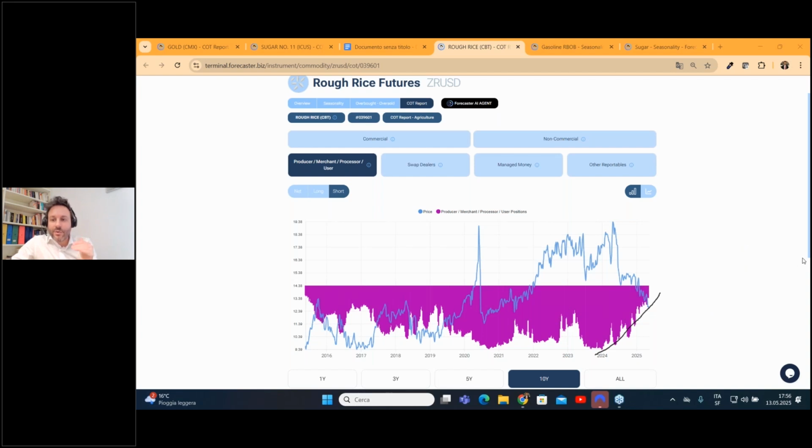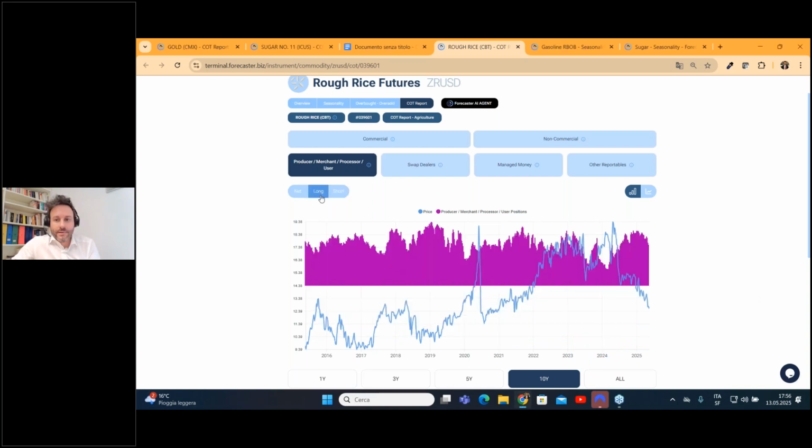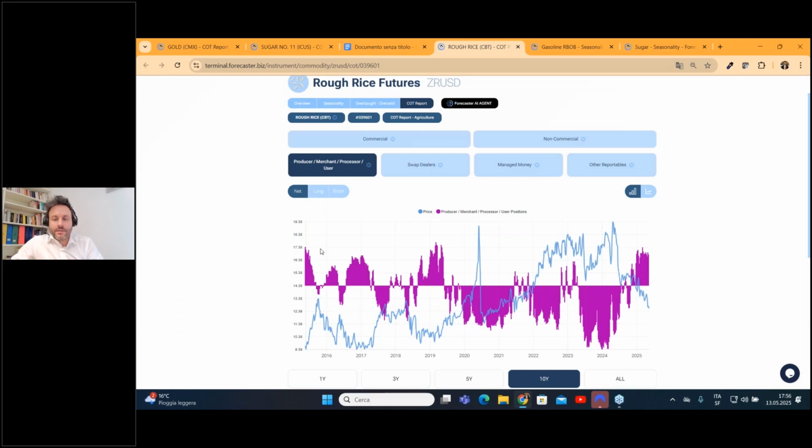They are just closing down their short positions because they think they can make extra money thanks to the rising price. And they are also closing a little bit of the long position, just a little bit, but they are definitely long. And the result is a net position which is very bullish.